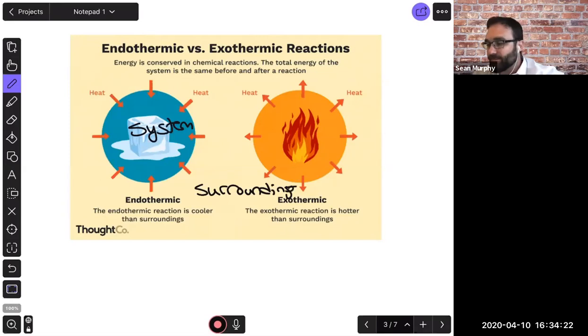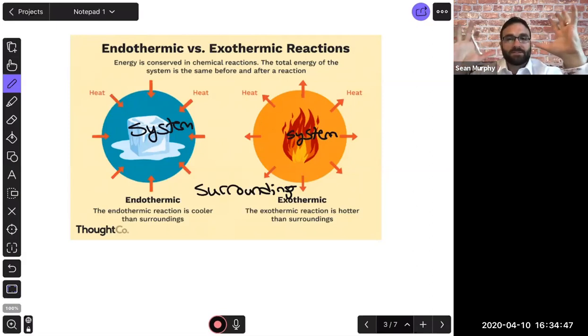Same thing, if we had a fire going, the chemical bonds that are breaking and forming in that combustion reaction, that would be the system. So I'm going to write SY, I'll just write both things. System, okay? That's going to bug me. System. I can't mess up my M. Again, everything on the outside of the system is called the surroundings.